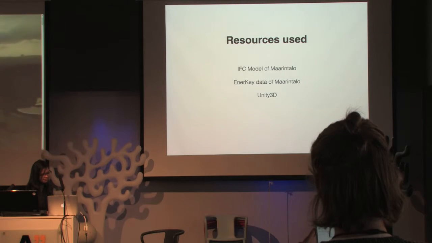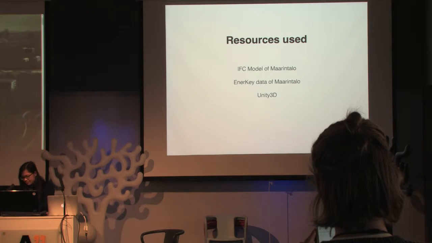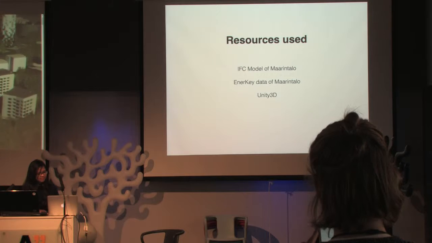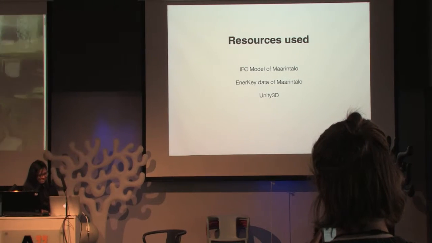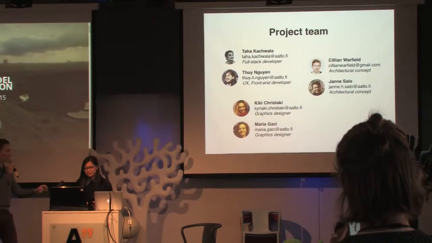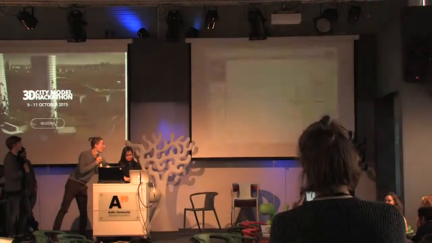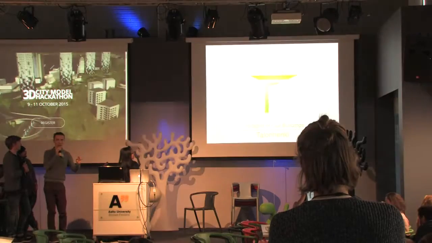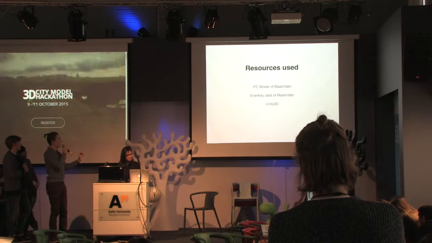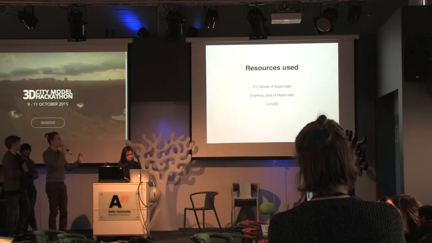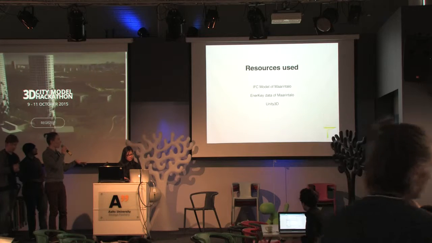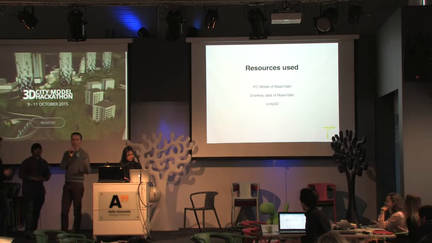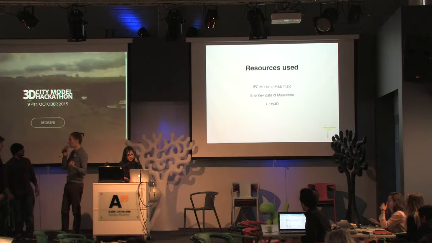Here is the place where you can find the code, and apparently the resources used lack a few things, but we started with the IFC model of Maahintalo that was provided to us, as well as the energy data of Maahintalo. We used Unity 3D to present the building model in a 3D world.